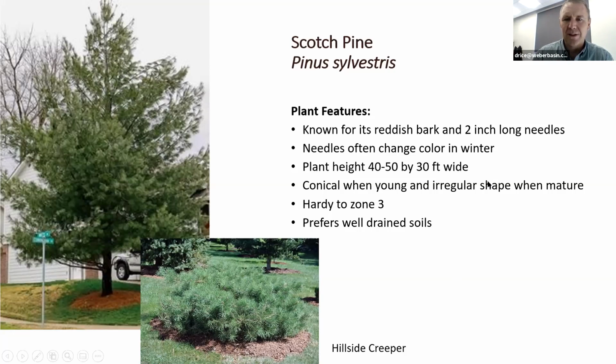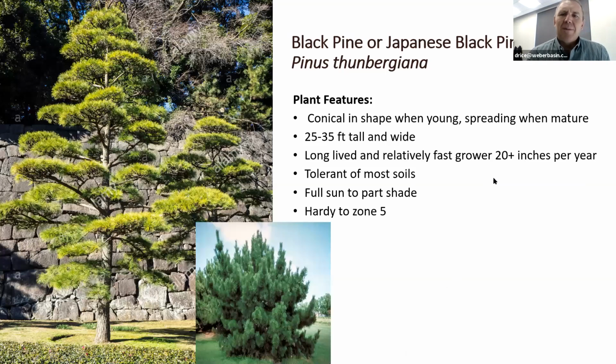Nice color, nice texture. So black pine or Japanese black pine, very conical in shape when it's young, 25 to 30 feet. Long-lived, relatively fast grower, tolerant of most soils. Now notice the one picture, it's not really the natural occurring form. These have been pruned and shaped just a little bit.